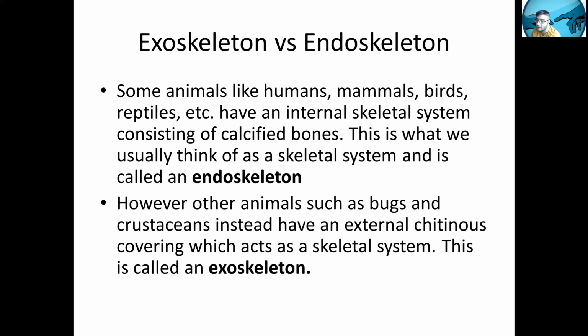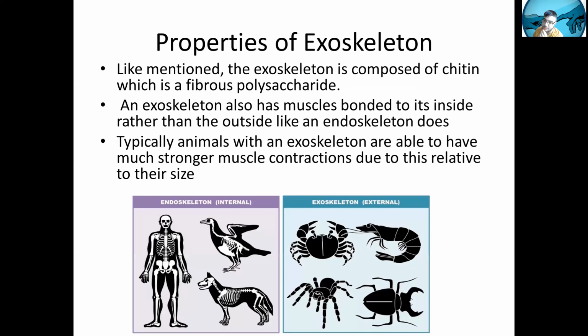You can also have a different type of skeleton called an exoskeleton, which other animals such as bugs and crustaceans have. It's an external chitinous covering, which acts as a skeletal system as well, except it's on the outside. Instead of our bones being on the inside, theirs are on the outside. And they're not bones, they're chitin. And it's called an exoskeleton.